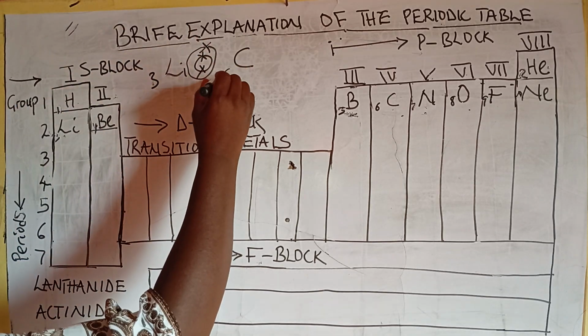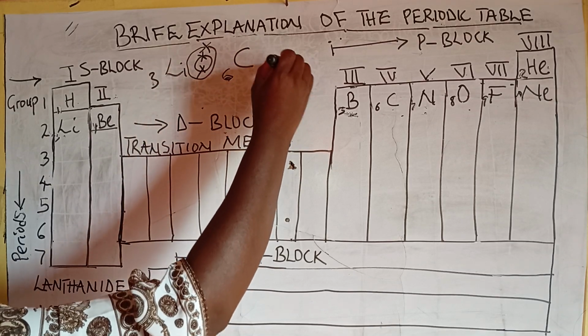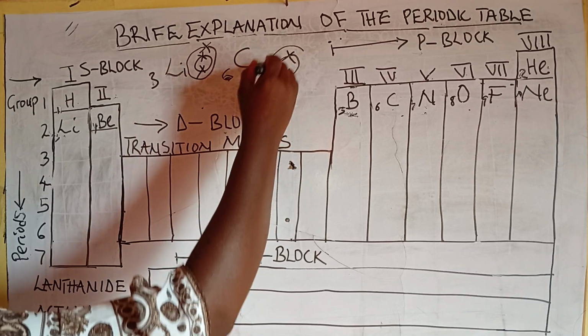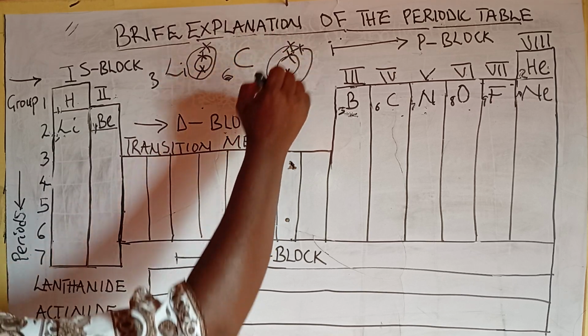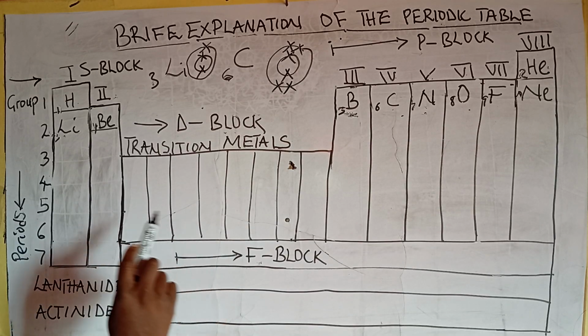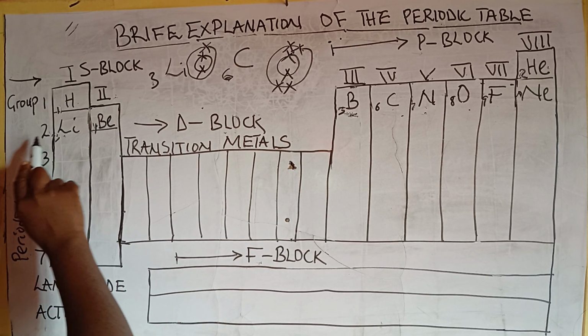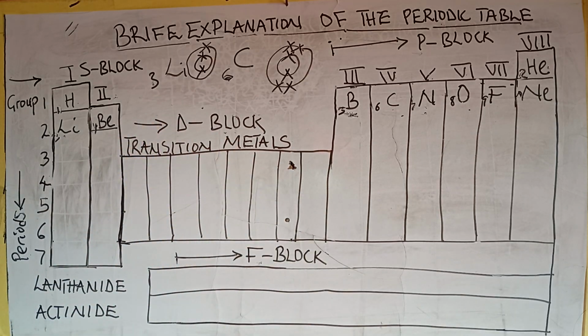Now for carbon with atomic number 6, we'll have the first shell takes 2 electrons, and the second shell we have 1, 2, 3, 4. So all the elements in each period have the same number of shells.